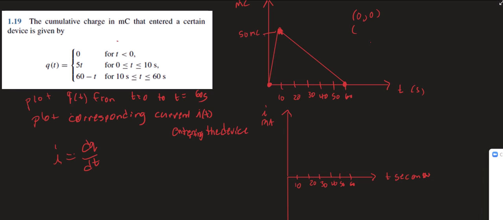Our ending point for this first segment is 10, 50. So our slope is 50 minus 0 over 10 minus 0, or 5. And it's a constant slope at that time, and it's positive.